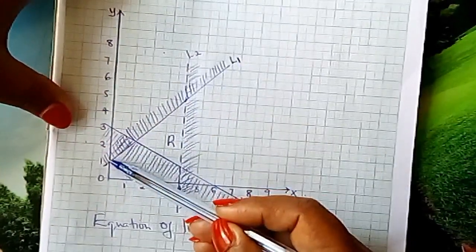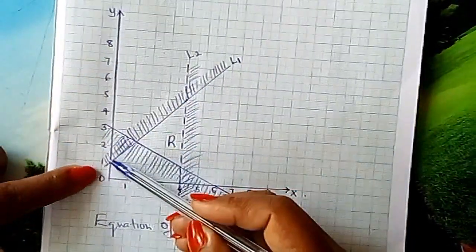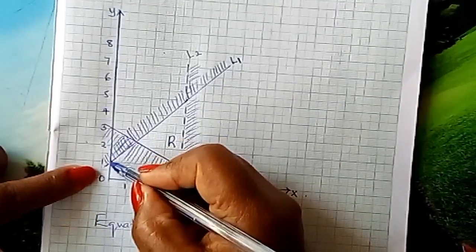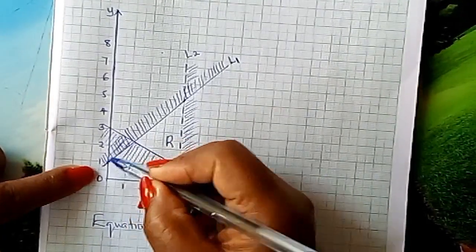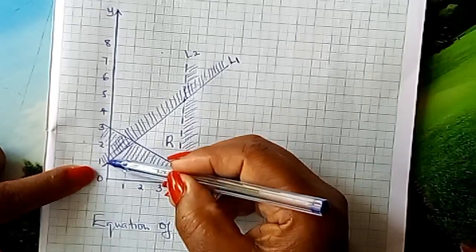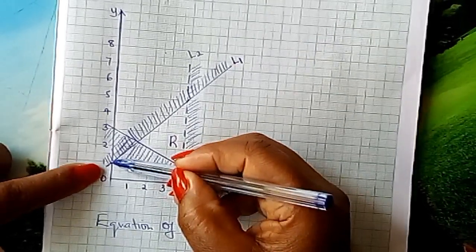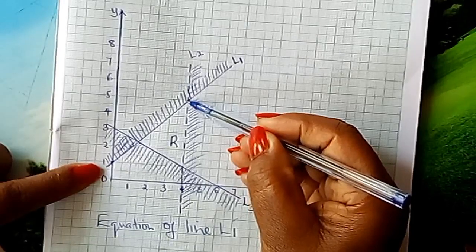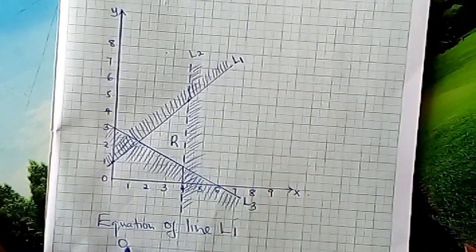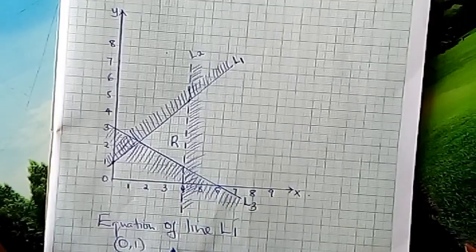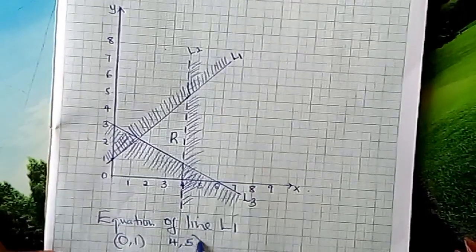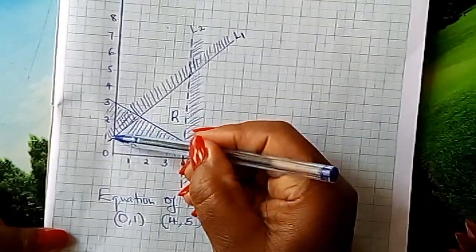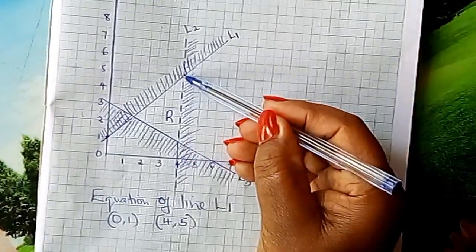You just pick 2 points. Like now we can pick 0, 1, this point here, so long as they are integers, whole numbers. 0, 1, and which other one? Maybe I can pick this other one, 4, 5. So learner, you pick 2 points, 0, 1 and 4, 5.